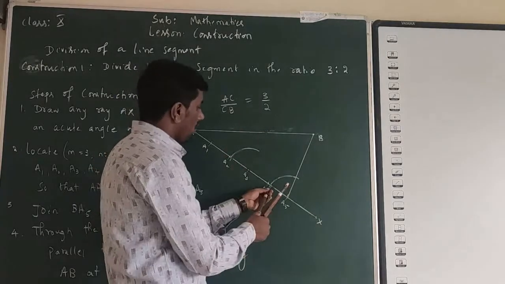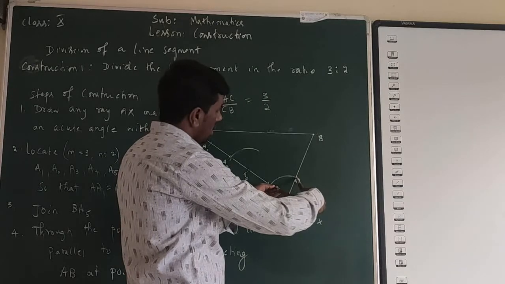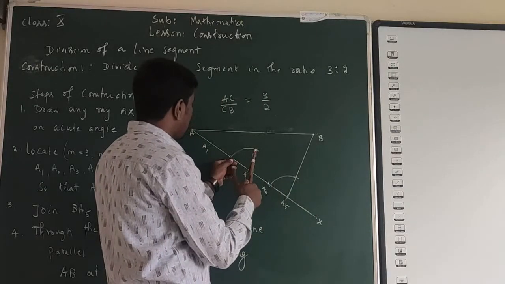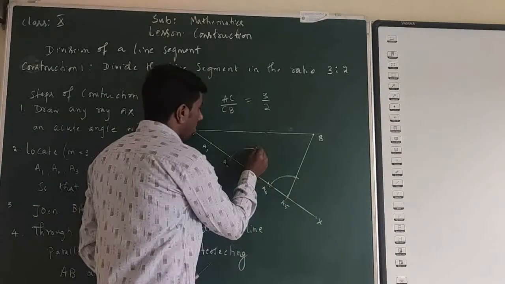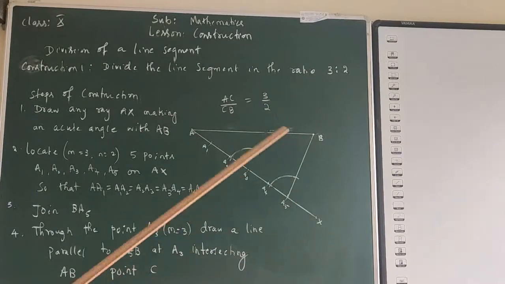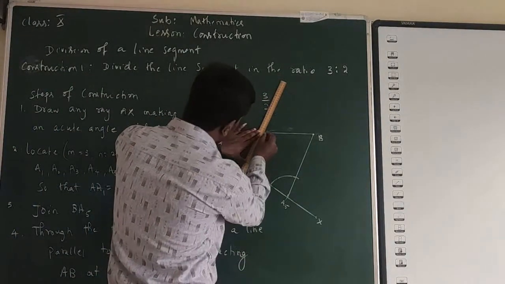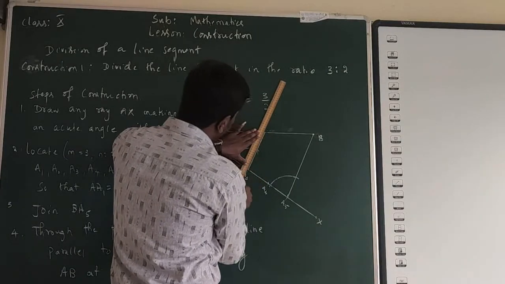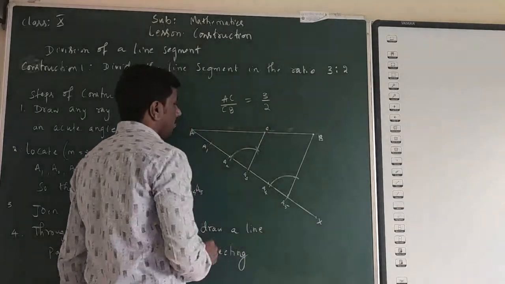Now we measure how much this angle is, and we continue the same value here also. So you will get the intersecting point here. Now join A3 with the point, and that will intersect the line AB at point C.